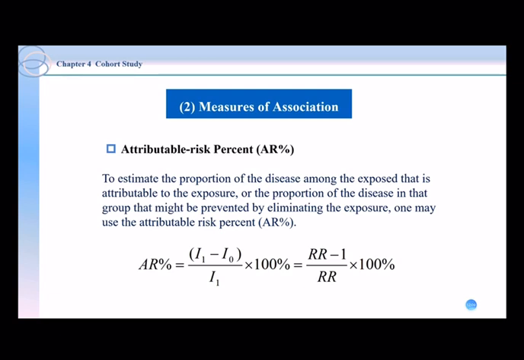As we have mentioned, I1 indicates the incidence rate in the exposed group, while I0 indicates the incidence rate in the unexposed group. So this AR percent is trying to understand what percent of the disease can be attributed to the exposure in the exposed group population.